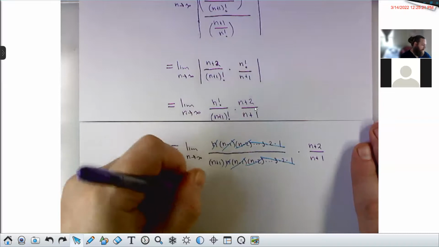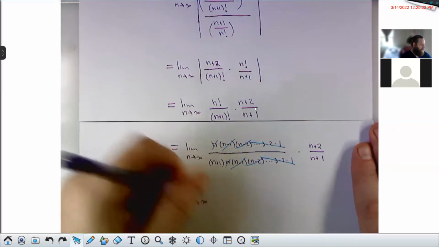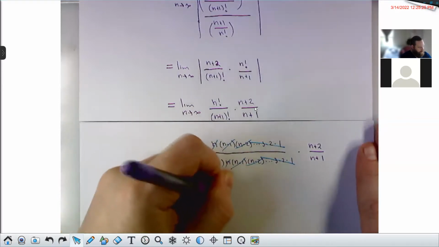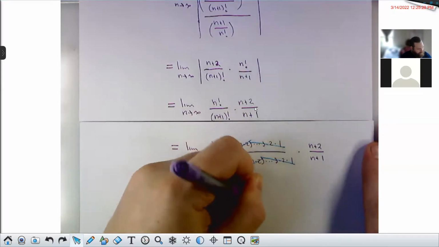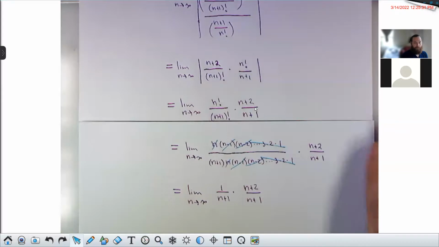So I get the limit as n goes to infinity of 1 over n plus 1 times n plus 2 over n plus 1. Let's just look at those pieces separately. What does n plus 2 over n plus 1 go to as n goes to infinity?